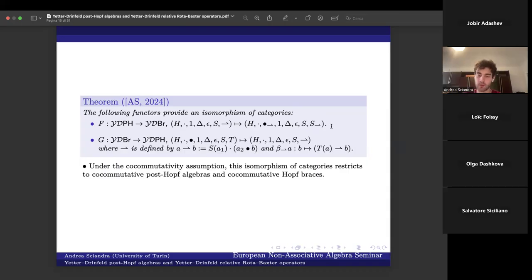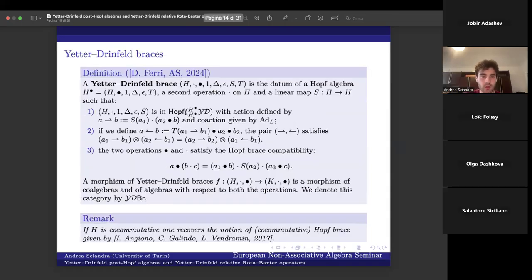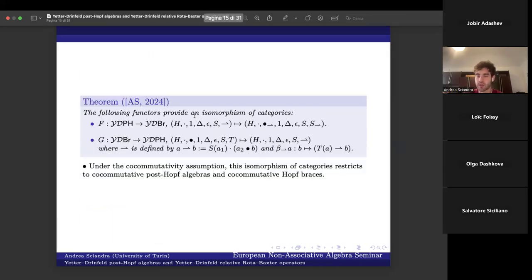In fact, as you can see in the definition, you need that the first structure, so the dot one, is an algebra in the category of Drinfeld modules over H bullet. And this is what happens in the case of post-Hopf algebra. H dot is an algebra in the category of Drinfeld modules over the subjacent algebra.